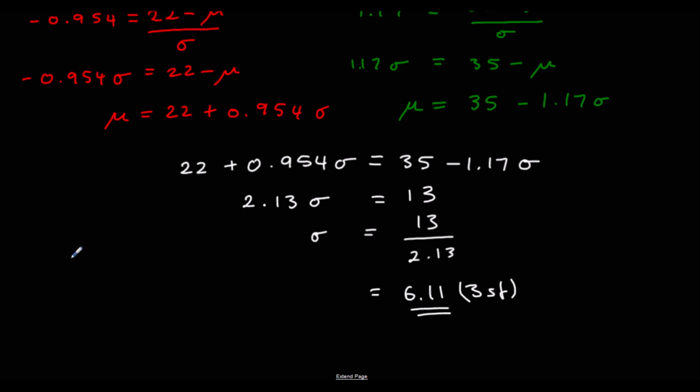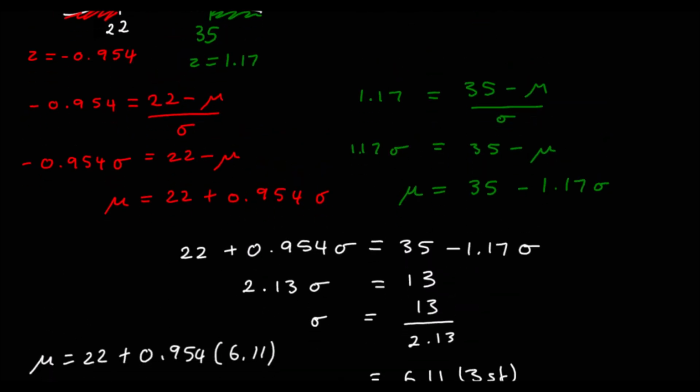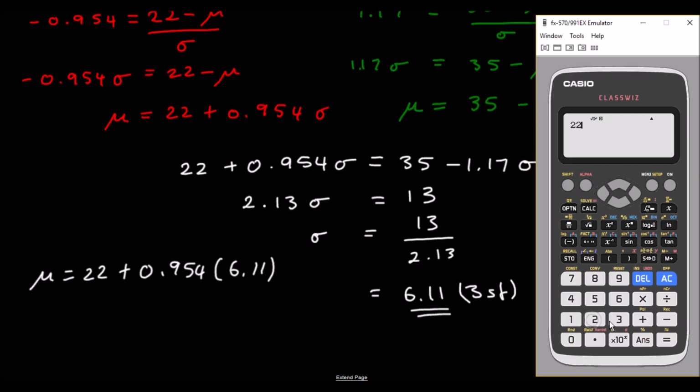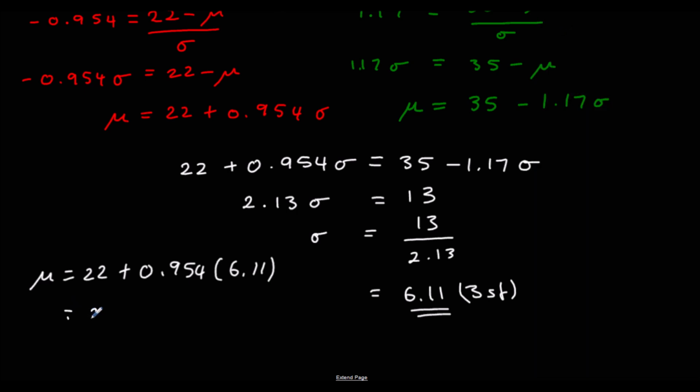So if I use the red formula, so I've got 22 plus 0.954 times my answer. So that's 22 minus A times answer. And that's given me 27.8 to 3 significant figures.